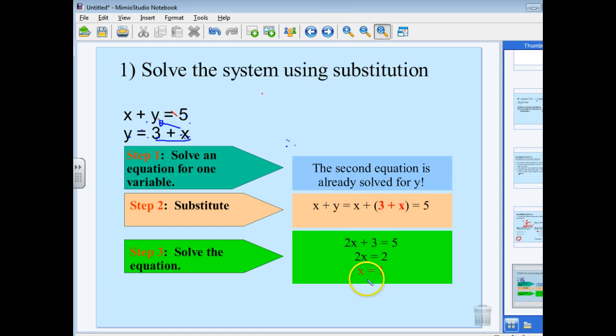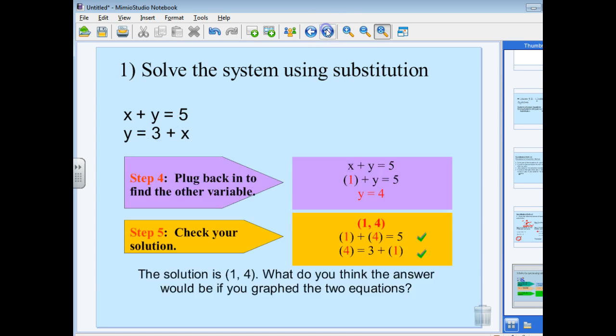And now that we know what x is, we move on to step 4, which is to plug it back into one of the equations. So here we have x plus 1 equal 5.